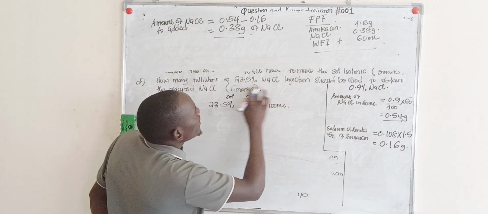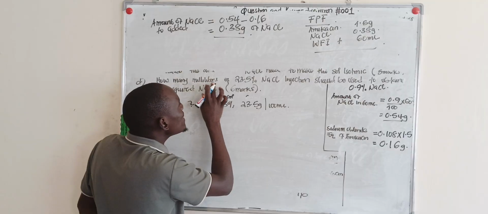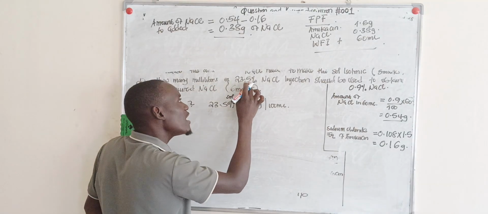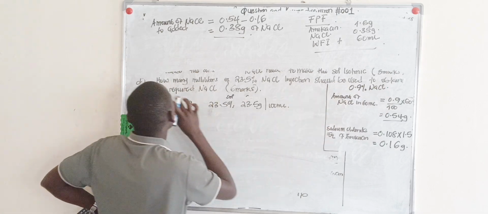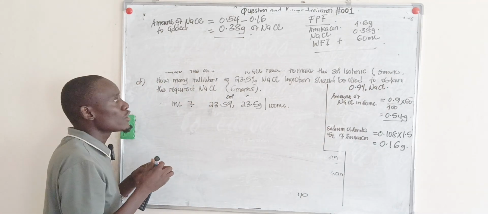So they are asking us how many milliliters of 23.5% sodium chloride injection should be used to obtain the required sodium chloride.